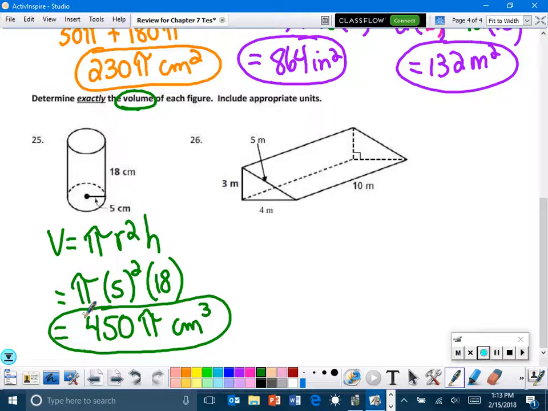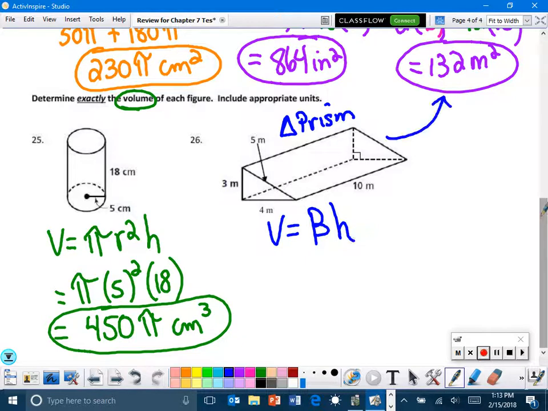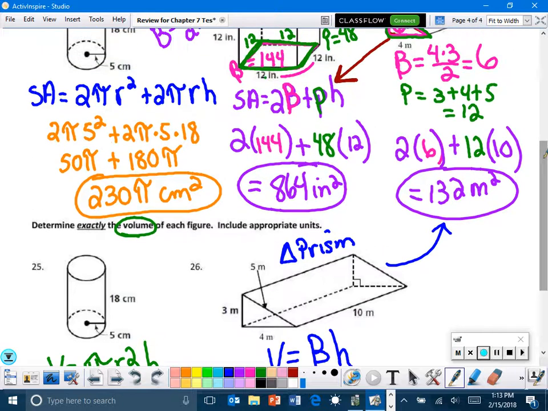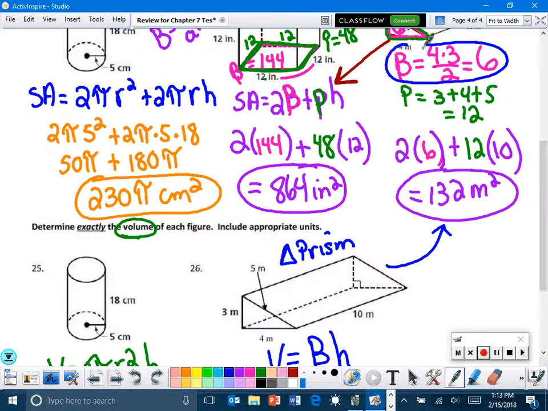All right. Back to the prism. Okay, again, this is a triangular prism. And the volume of a prism is going to be base area times the height. Well, we already did the work for this. If we look to this problem right there, the base area is 6.